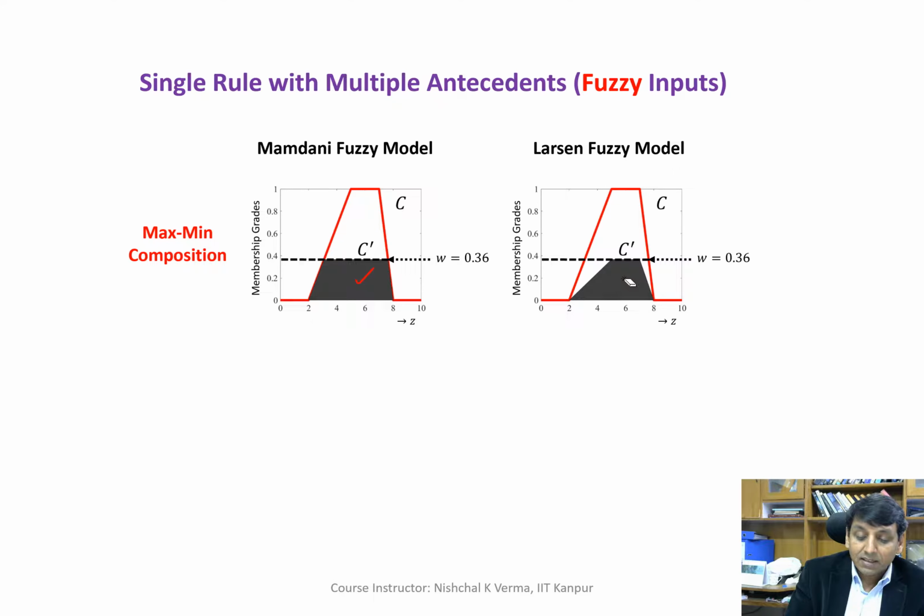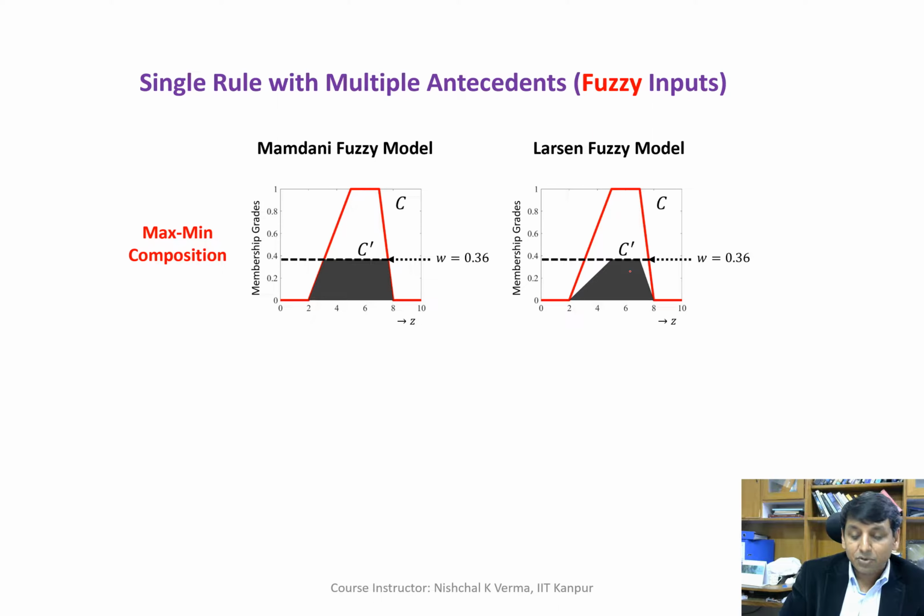When we use the Mamdani fuzzy model, the W that we have gotten, the weight or firing strength of the rule, is used to simply chop off, to truncate, the output fuzzy set. But in the Larsen fuzzy model, the same value is used to scale down the output fuzzy set. So this is how we can compare the outputs of the Mamdani and Larsen fuzzy models for the same input.